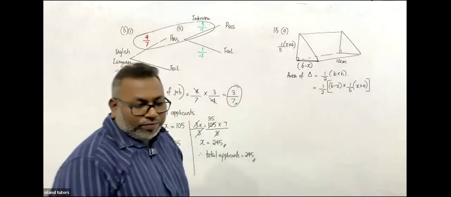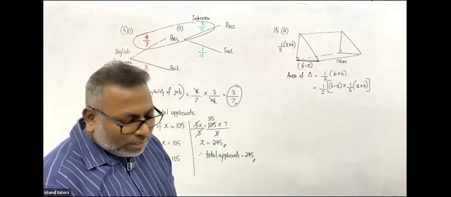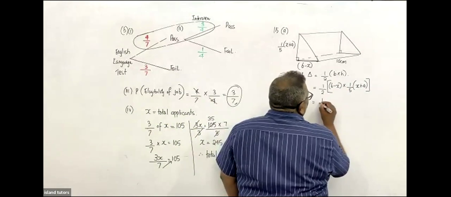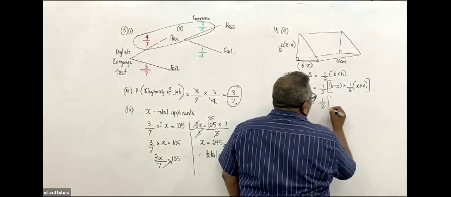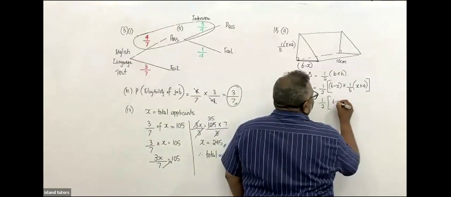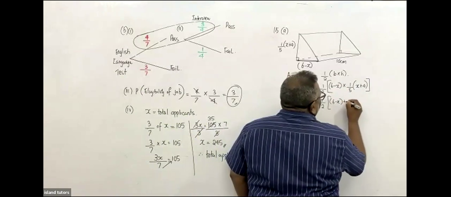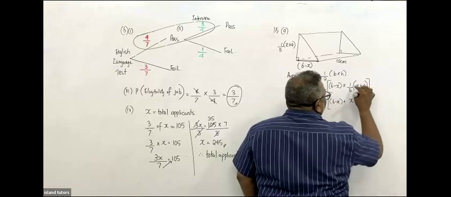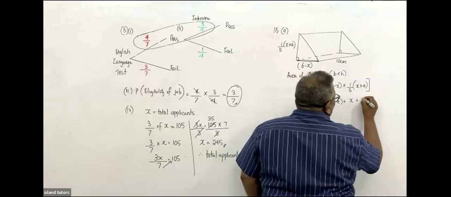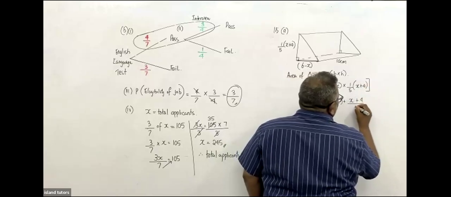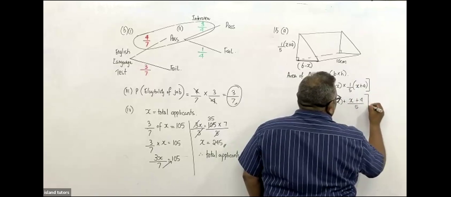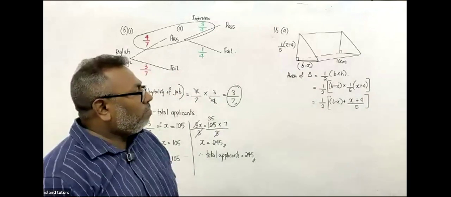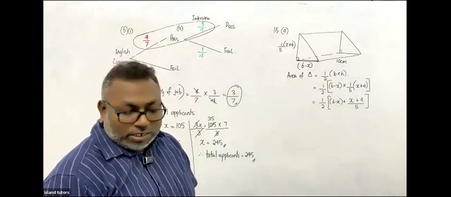Okay, 1/5 of x plus 4. So simplify this. So you have 1 over 2, 6 minus x plus 1 into x is x, 1 into 4 is 4 over 5. Right? 6 minus x plus 4.